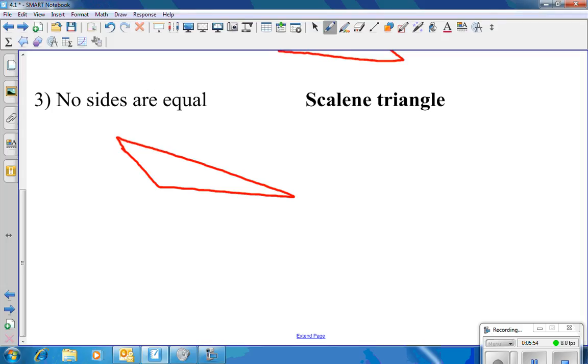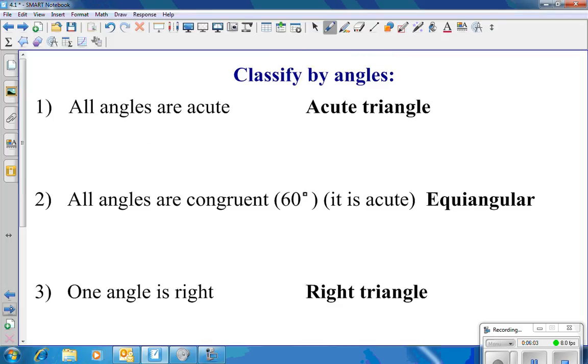So on the test, I'm going to ask you to classify it by sides. You'll tell me if it's equilateral, isosceles, or scalene. Then I'm going to ask you to tell me, classify it by its angles. Well, acute means that all the angles are less than what? All the angles are less than 90, right? Equiangular means all of the angles are the same.